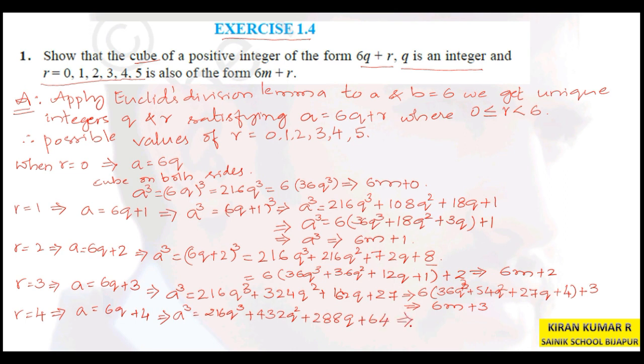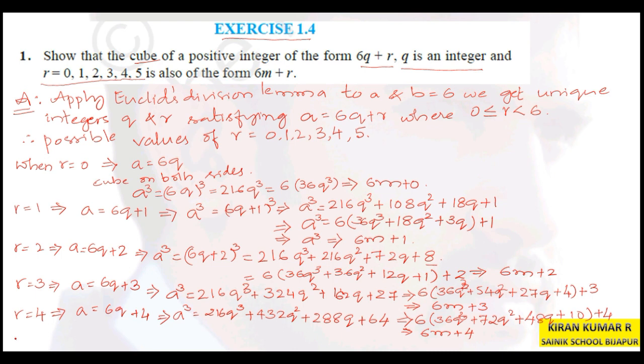This 64 can be written as 60 plus 4, so that 6 can be taken common. It becomes 36q cube plus 72q square plus 48q plus 10 added to 4. So it is something like 6m plus 4.